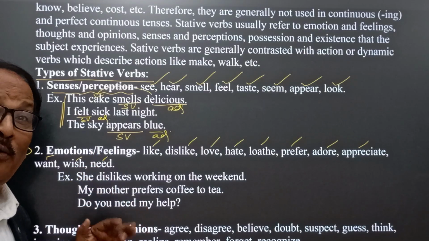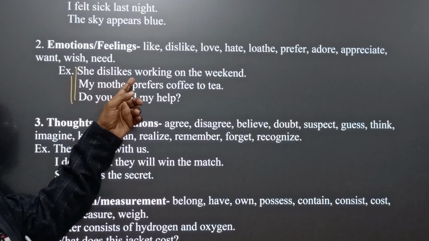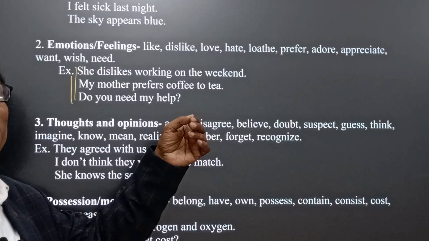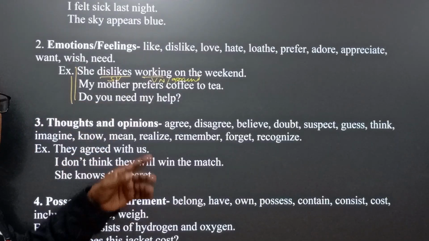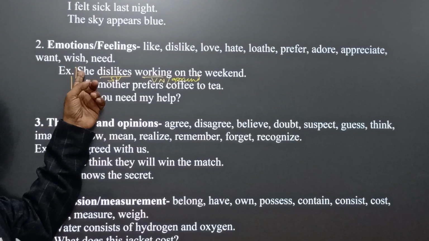Okay, how? Let's see in examples. She dislikes working on the weekend. Weekend means Saturday. Here, dislikes is a stative verb. It expresses the feeling of the subject.